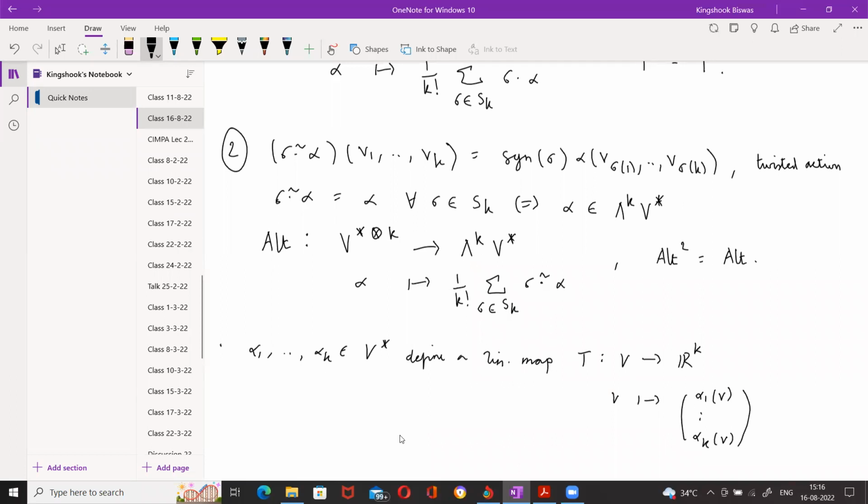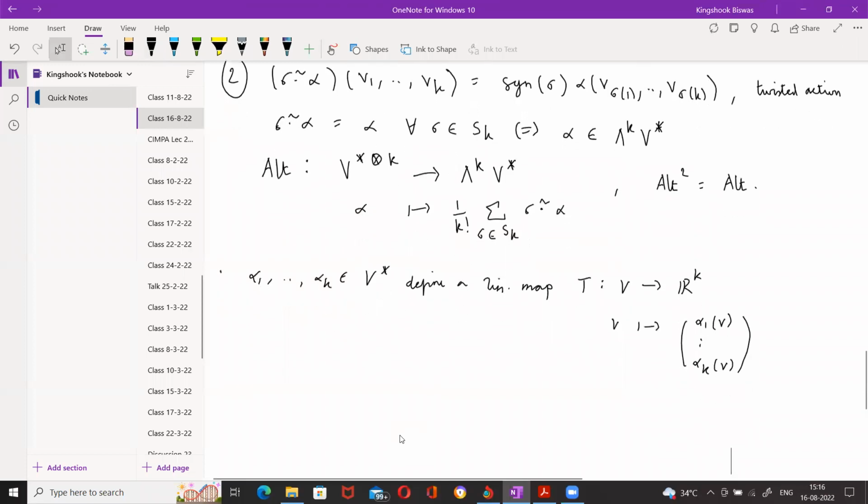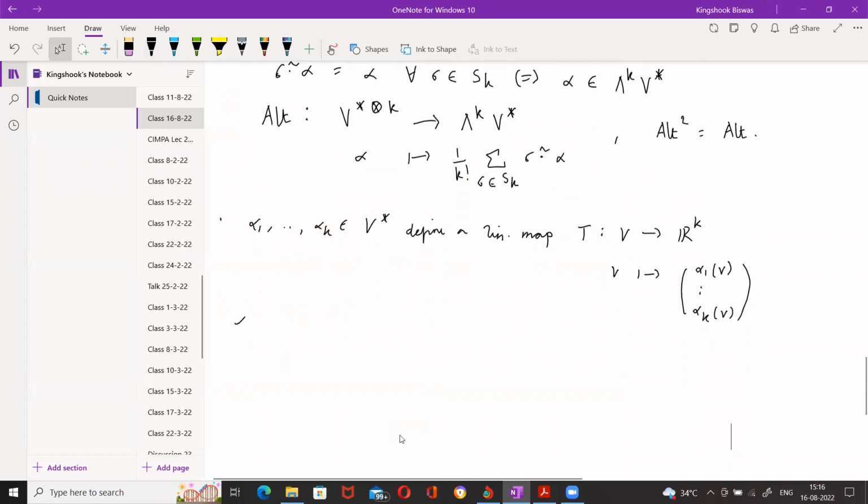Right? And then alpha 1 wedge alpha k of V1 to Vk is nothing but the determinant of the matrix with columns TV1 up to TVk.